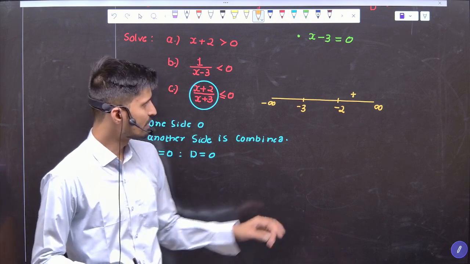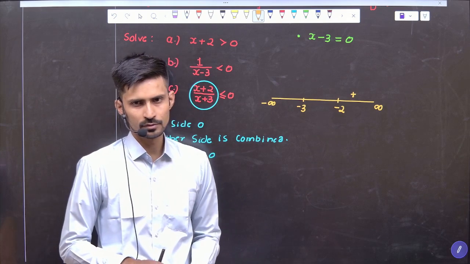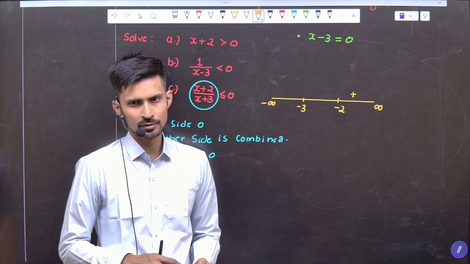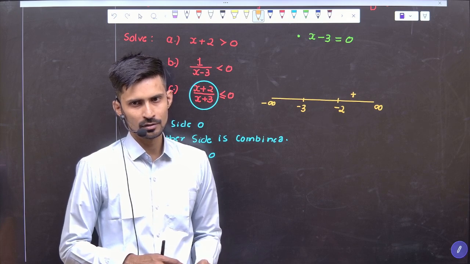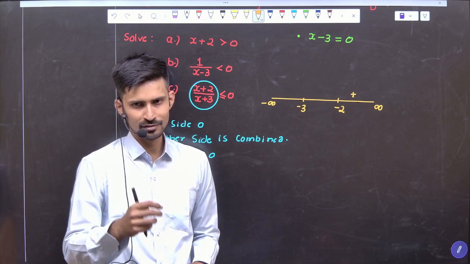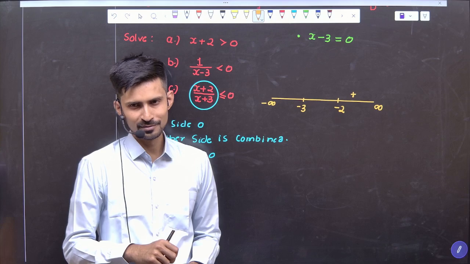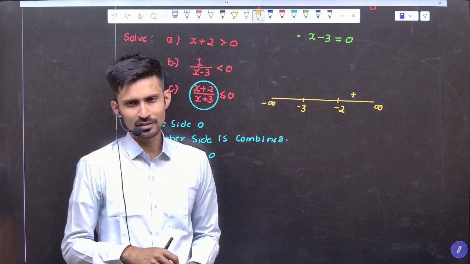Now, Ibrahim, tell me one number between minus 3 to minus 2. Sit down, stand up. I asked him or you? Then why did you say it?